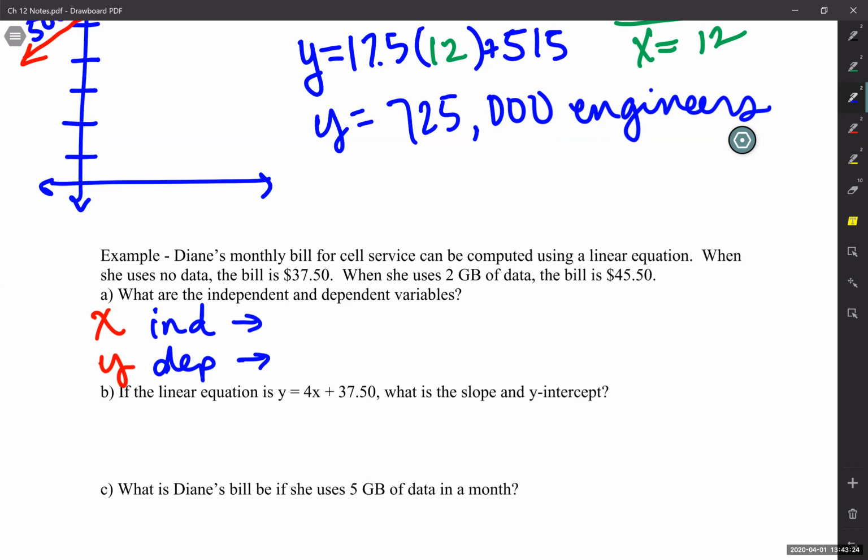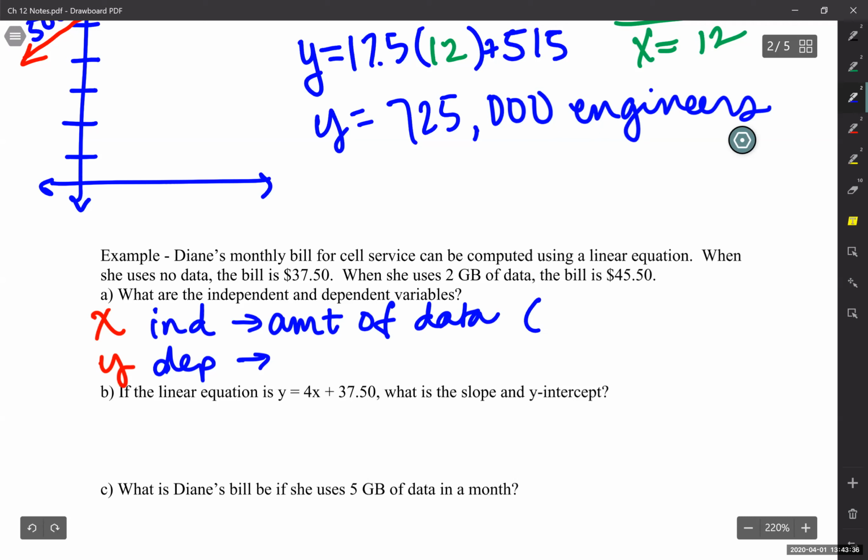Well, they figure out your bill from your choice of how many gigabytes you use. So the amount of data used, in gigabytes, is the independent variable. And then the dependent variable is the bill, or the amount of money, which would be the y variable.